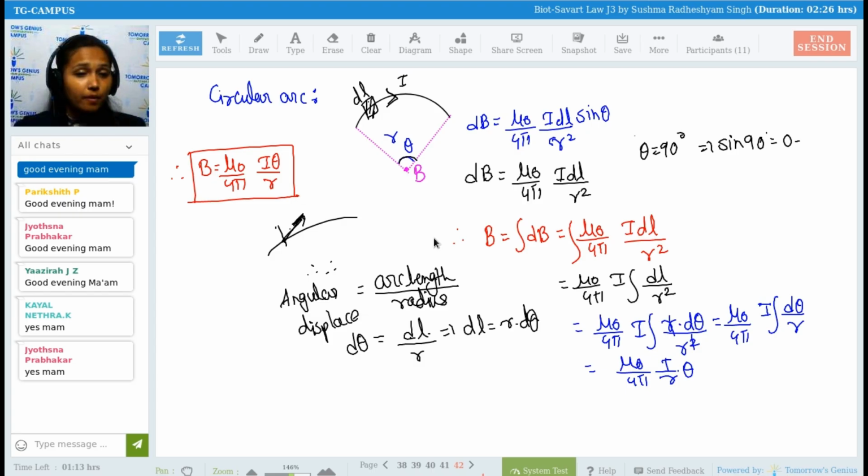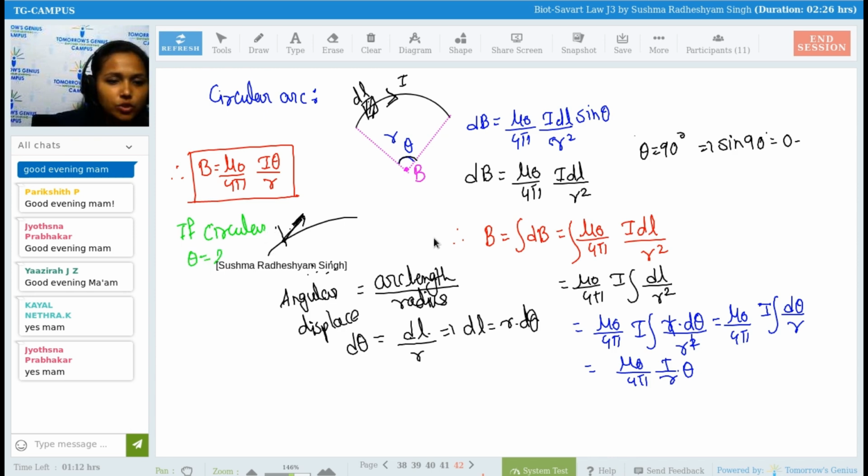So if your loop is a circle, that means your theta will be 2 pi. Am I right? So if the loop is a circle or circular loop, that means your theta will be 2 pi. So what is your magnetic field?